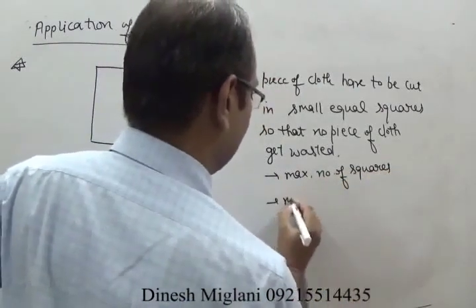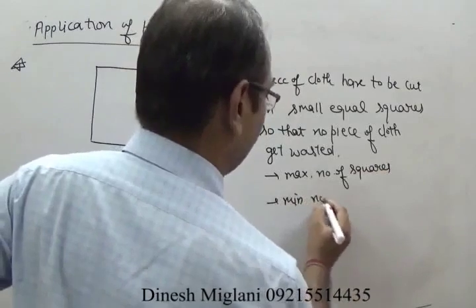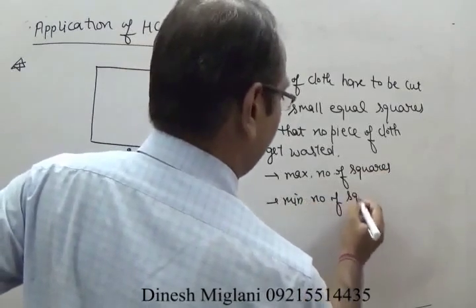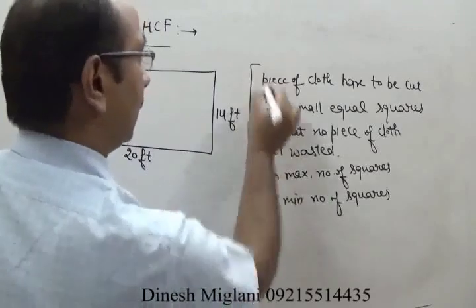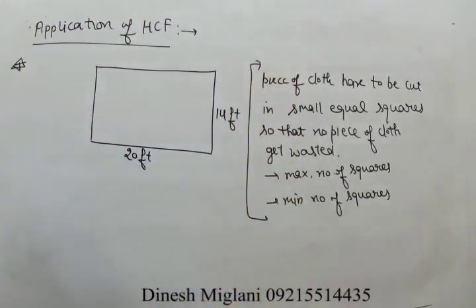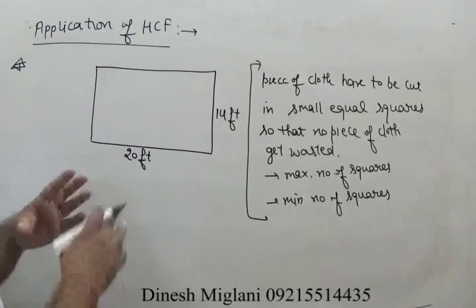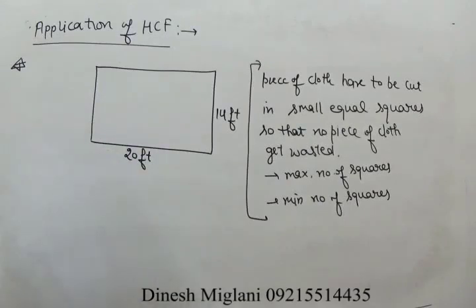The second asks what is the minimum number of square pieces that you can cut out of it? Because the condition is given that no piece of cloth gets wasted, and we have to cut into squares, first I try to find the maximum number of squares.